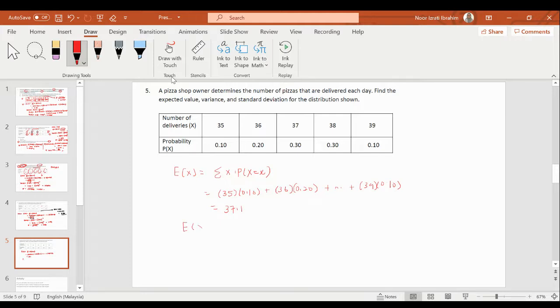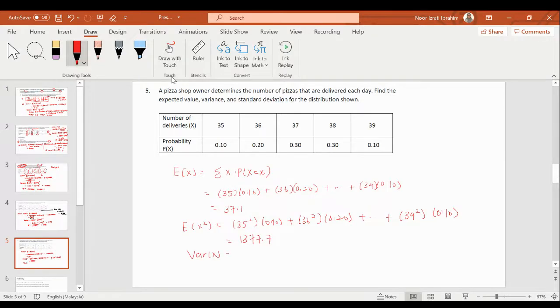To get variance, you have to get first E of X squared, which is 35 squared multiplied with 0.10 plus 36 squared multiplied with 0.20, until the last one, 39 squared multiplied with 0.10. This one you should get 1377.7.